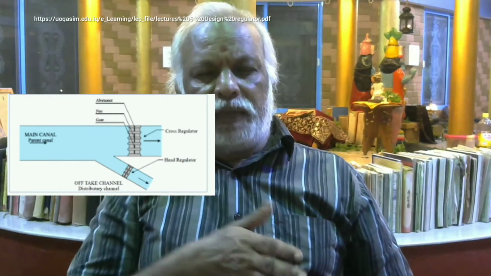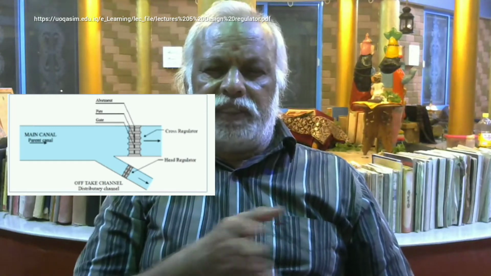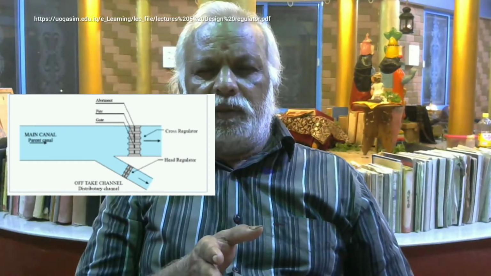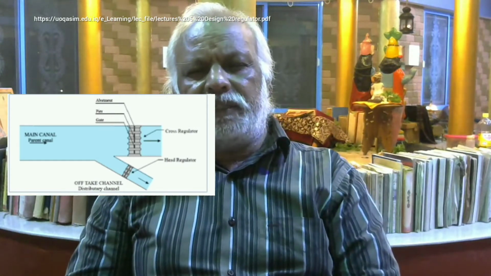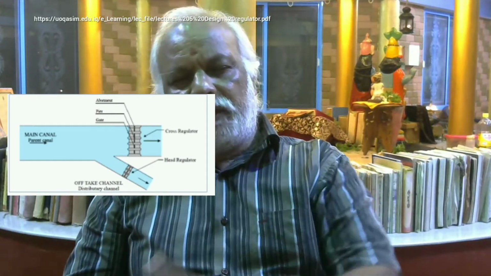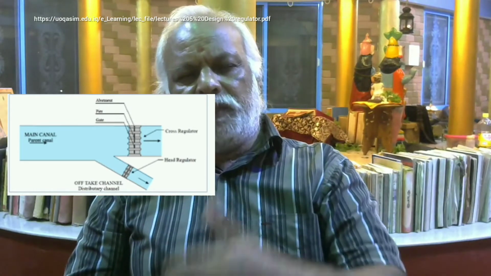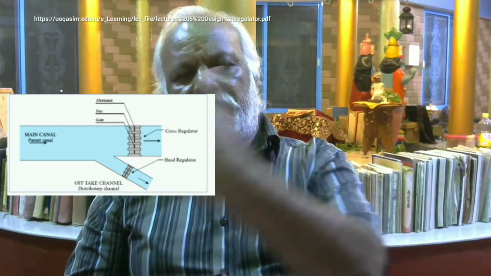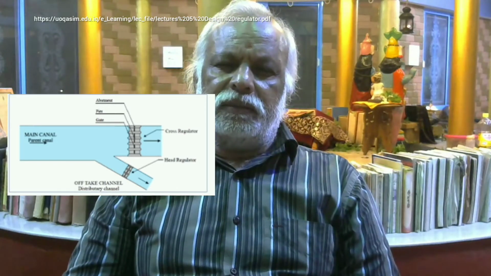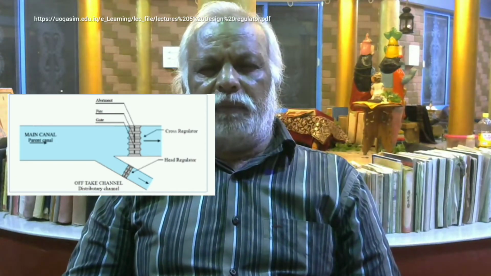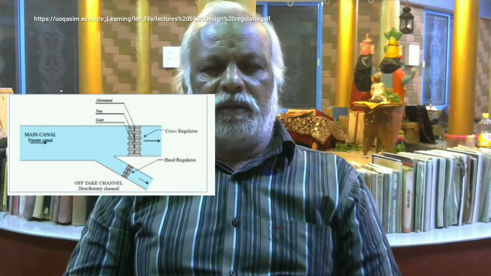But you can divert some water coming to the canal through the head regulator to the river. So the head regulator supplies water to the river and the cross regulator supplies water to the canal. So another component is the diversion network, a pair of head regulator and cross regulator.